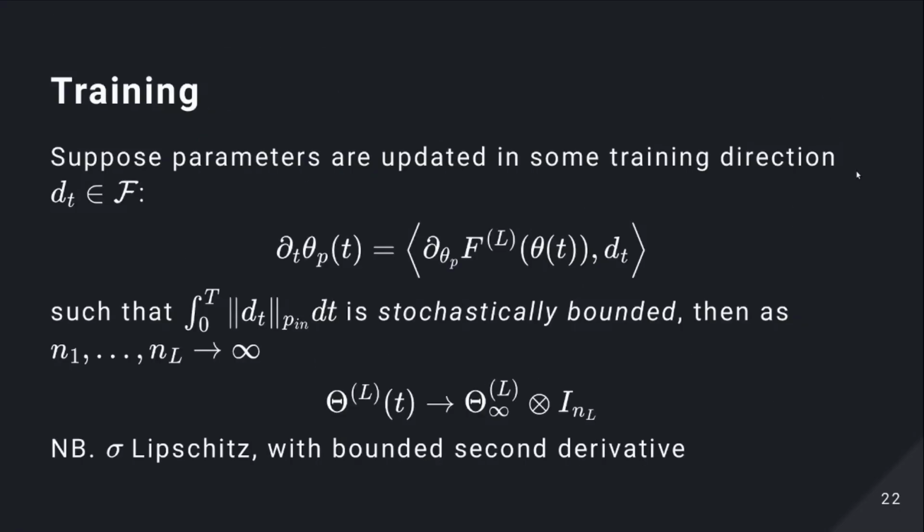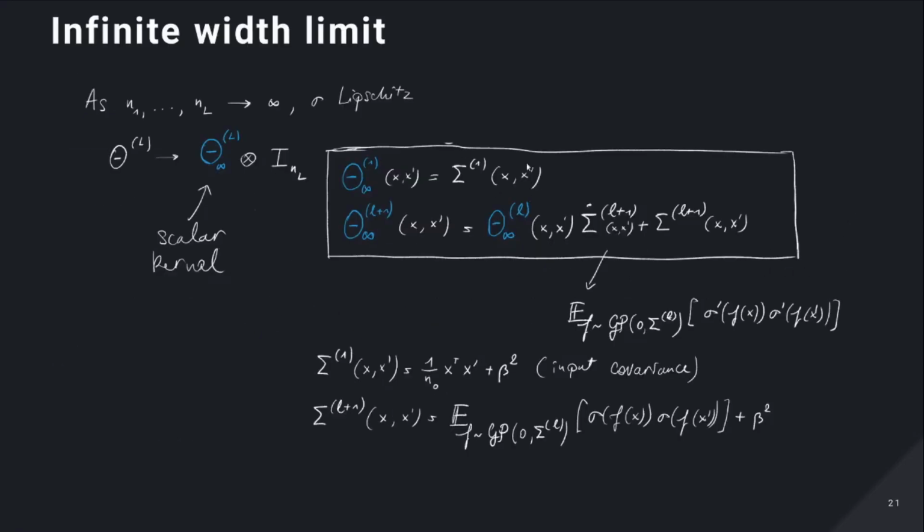So this previous slide was the first main result of the paper, that we do have a static limit in the infinite layer width.